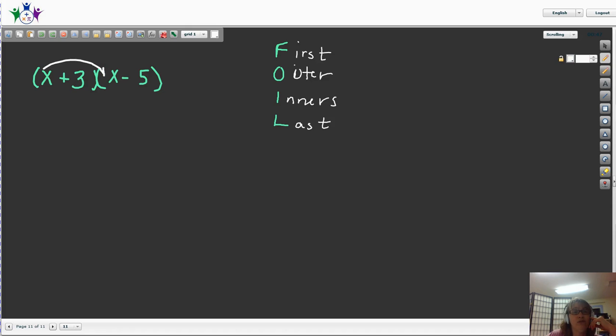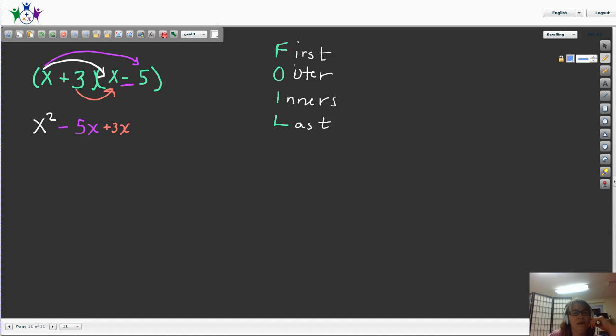Even after doing probably hundreds of thousands of these, I still draw my arrows. I do the first, so this is going to be x squared. Then we do this one. Remember, we keep all the signs. And then this one will be plus 3x.